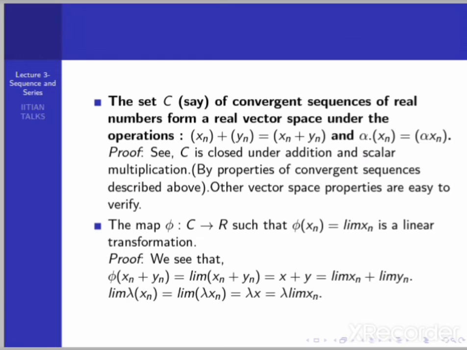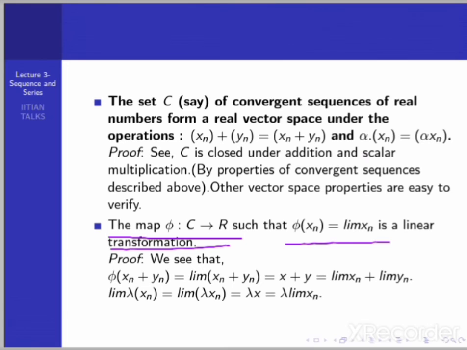Okay, so we have a look at this one. This is very important, the map from C to R. You can always construct a map from the set of convergent sequences to real numbers. You can send every sequence to its limit, right? Because your sequence is convergent, you can send it to its limit. This is a function which sends every sequence to its limit. Then you see that it is going to be a linear transformation. Why is that? For a linear transformation, you should know that phi(x plus y) is the same as phi(x) plus phi(y), and phi(cx) is the same as c phi(x).